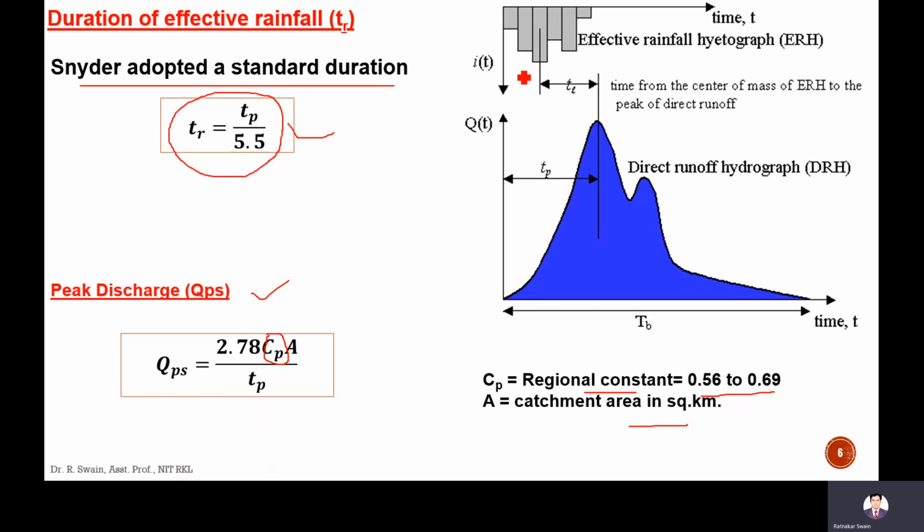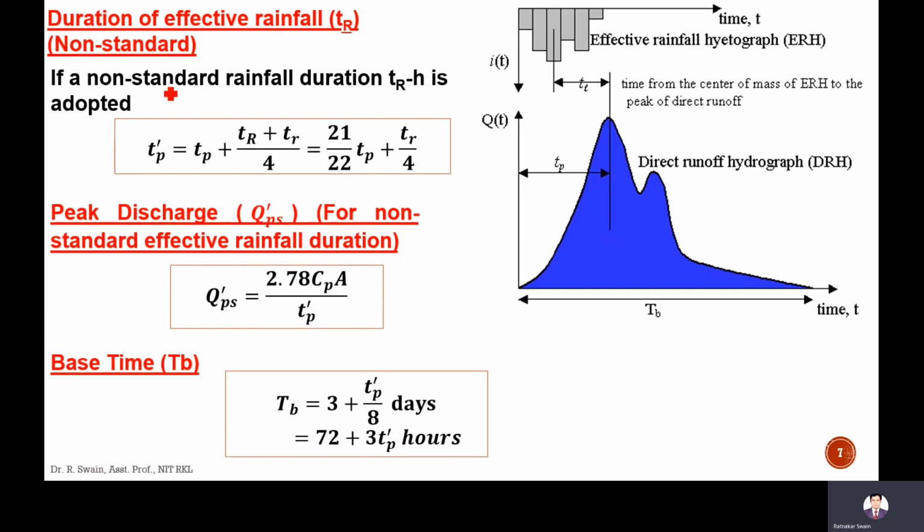Okay, let TR hour be adopted. Let capital TR be the rainfall duration, which is non-standard. This is the effective rainfall duration for which we want the unit hydrograph.